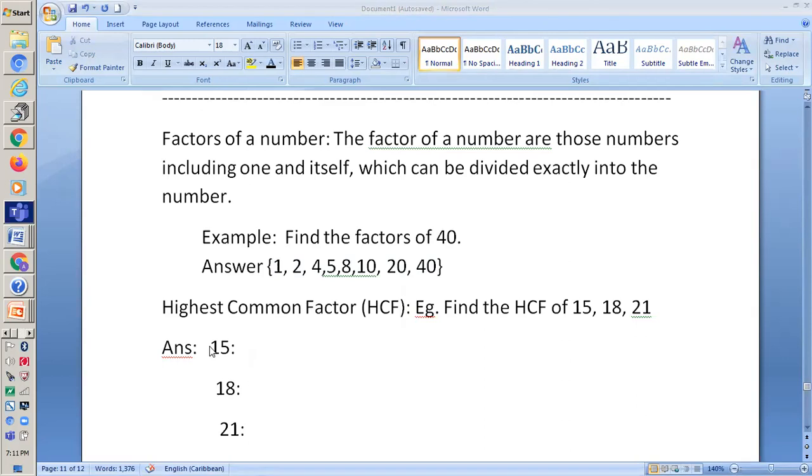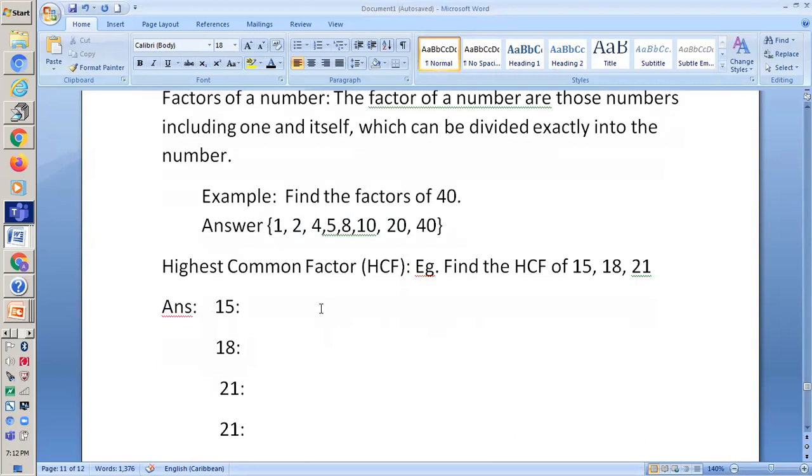And what you do is list them out up here. So it's going to be 1, 3, 5, and 15.